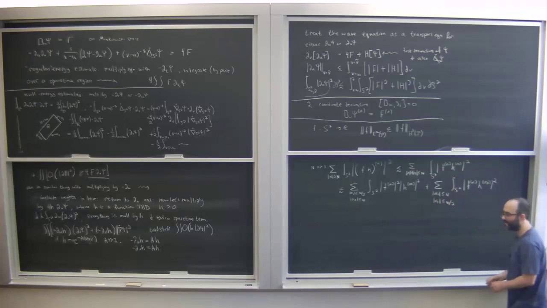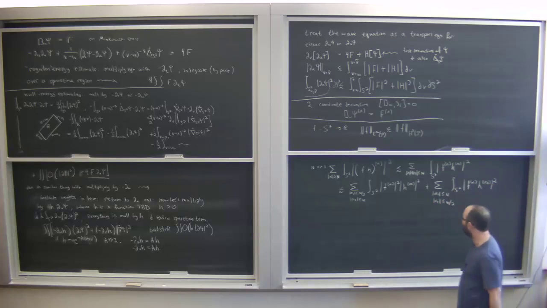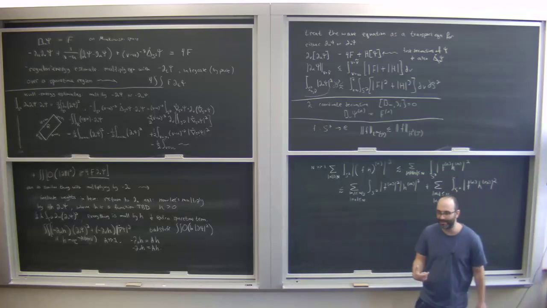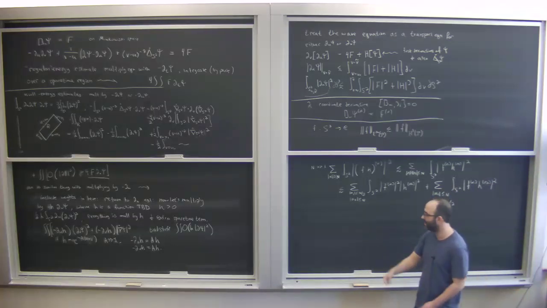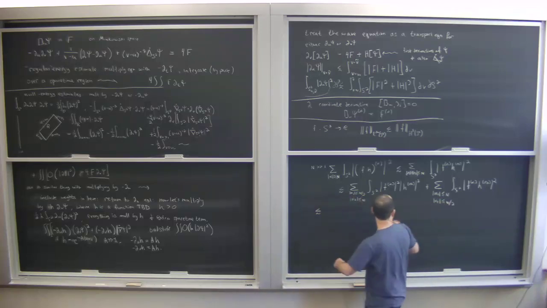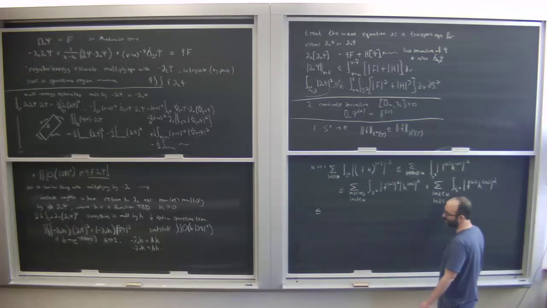Nothing fun, no funny business there. Now I'm going to take the one that has the smaller number of derivatives and pull it out of the integral in L infinity. I'm just going to write the one term; you do the same thing on the other term.